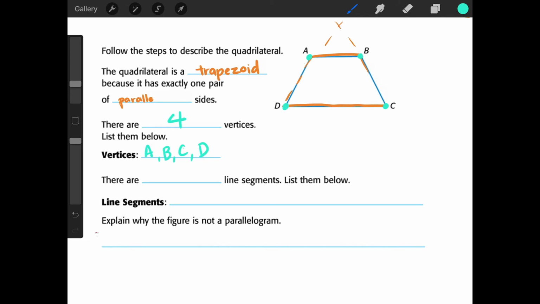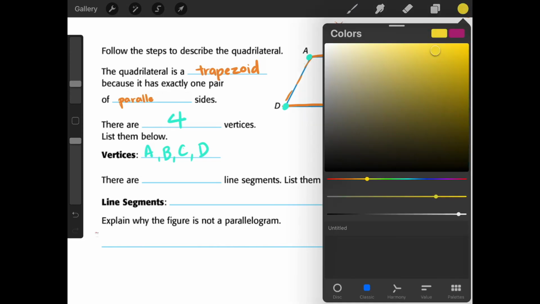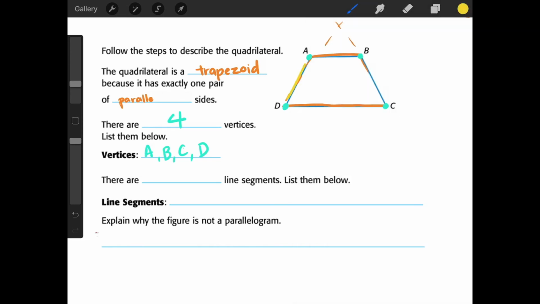There's 1, 2, 3, 4. The line segments are AD, AB, BC, and DC. So I'm just getting that from here to here, here to here, so on and so on.